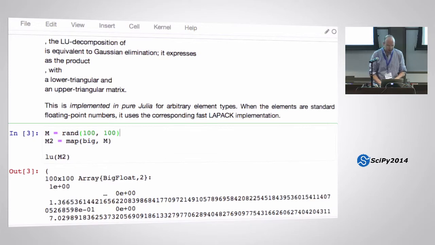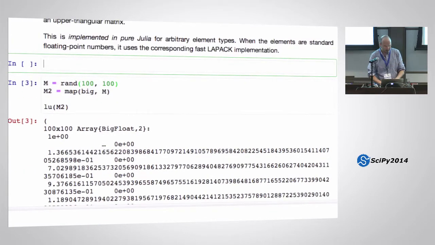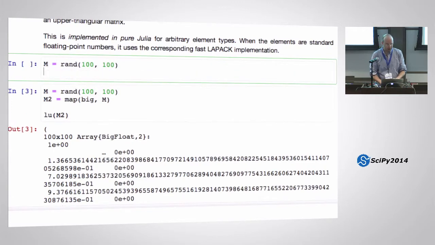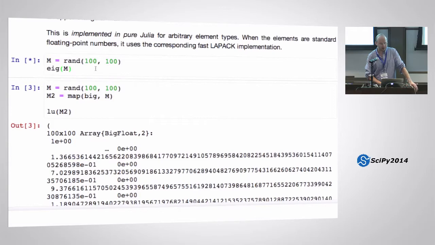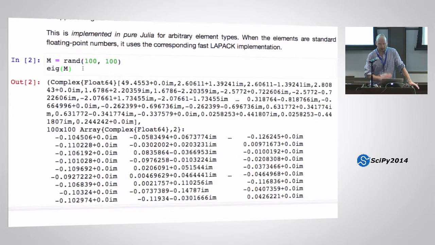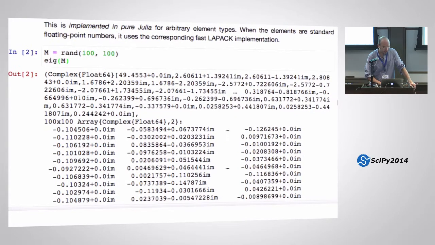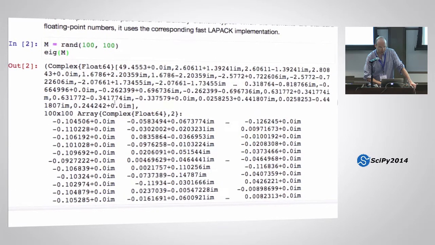So if I generate a random matrix of 100 by 100, I can do various linear algebra operations on it. For example, eig of m will calculate the eigenvalues and eigenvectors of the matrix, just like in NumPy and SciPy. And they're complex numbers in this case, because it's just a random matrix.